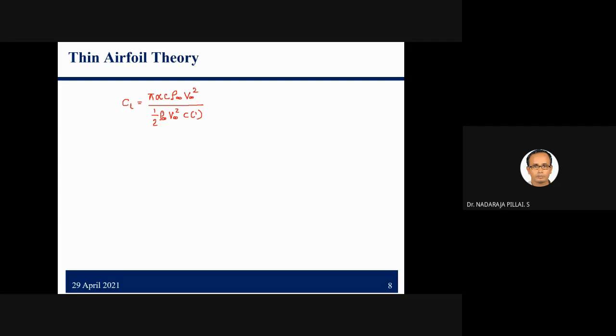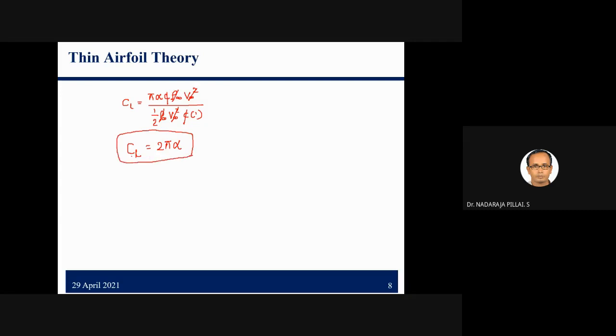So we can say rho infinity V infinity square, then C. Finally we arrive at CL is equal to 2 pi alpha. This 2 pi alpha is a famous equation.